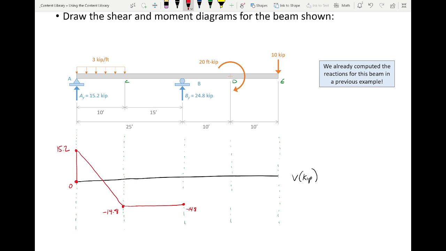Now what happens at B? If I'm at negative 14.8, I jump up 24.8. What's that put me at? 10. From B to D, what's going on? Constant. Nothing. No change.